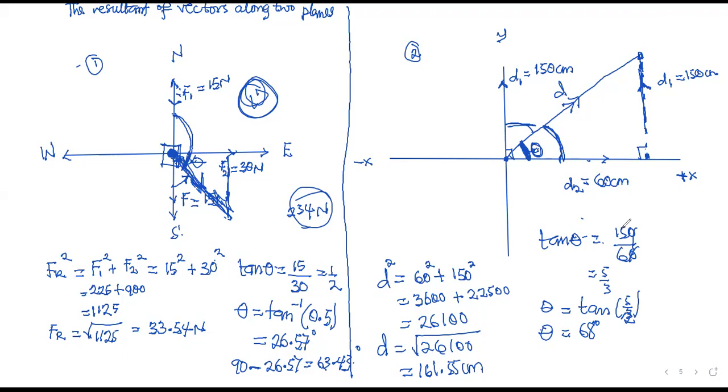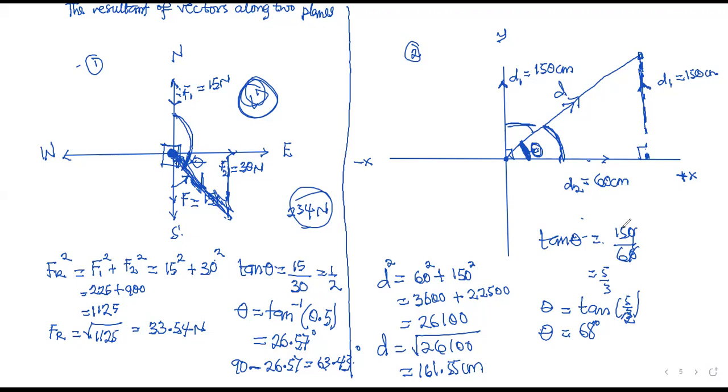Oh, it doesn't matter. Usually for angles, the least angle is 1 degree, so we don't have 68 point something. You can't measure that using a protractor. That's why with angles, we round it to the nearest degree.